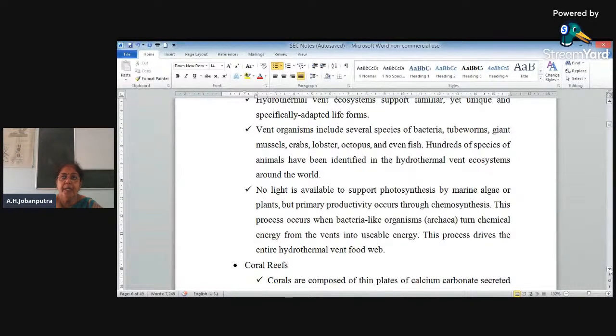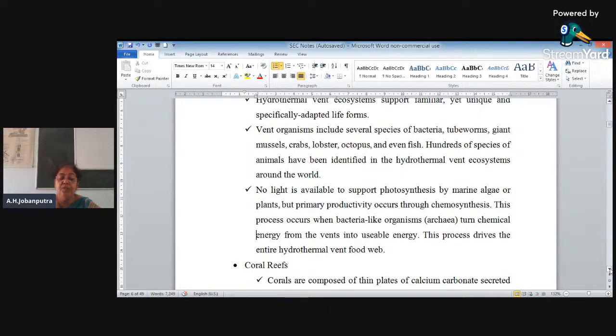Primary consumers are usually herbivorous animals like rabbits and deer, then secondary consumers, slightly larger, and then tertiary consumers such as lions, tigers, vultures, etc. When producers and consumers die, they are decomposed by the decomposers. So this is the food web present on land.